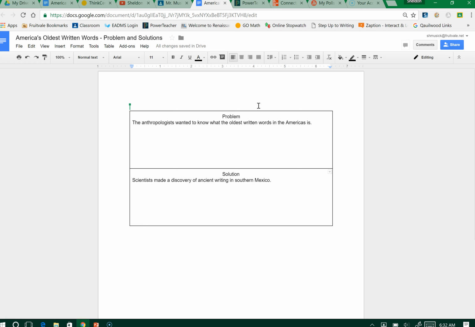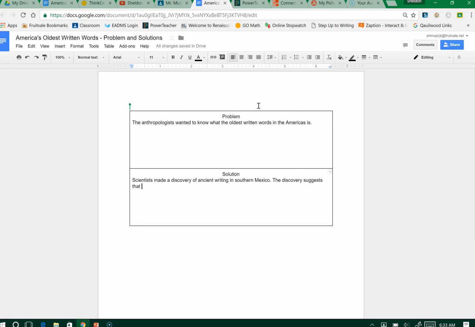And let's see. The discovery suggests that, and it says on page 174, the Zapotec began writing.